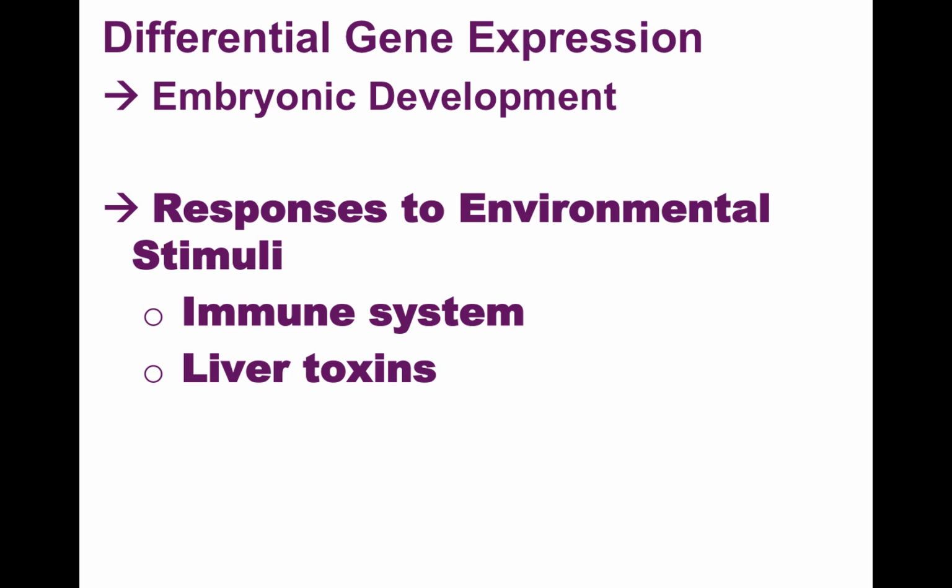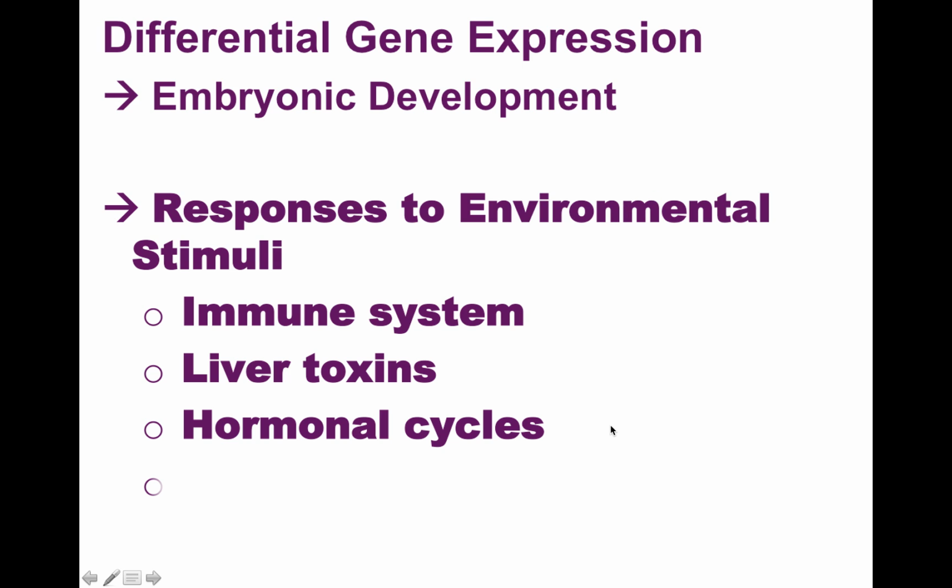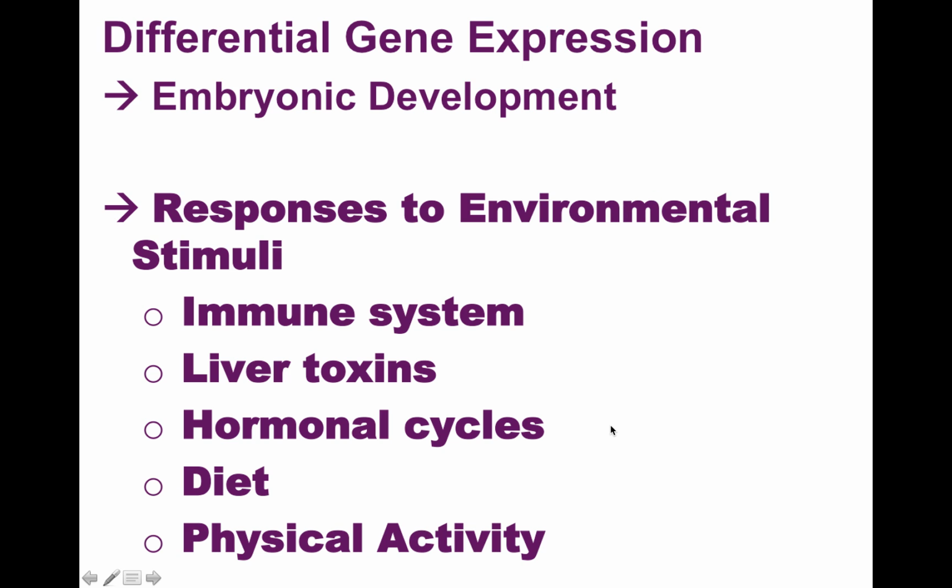Liver toxins: if you eat Fruit Loops for breakfast, all of the bad food coloring that's in the Fruit Loops has to be dealt with, and your liver will do that and change the expression of proteins that are going to clear the bloodstream of those foreign substances. Hormonal cycles obviously change gene expression, as does diet and physical activity.